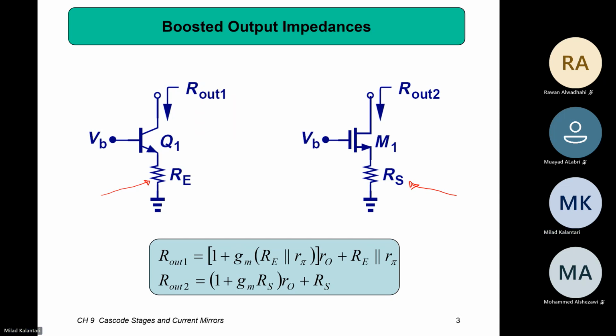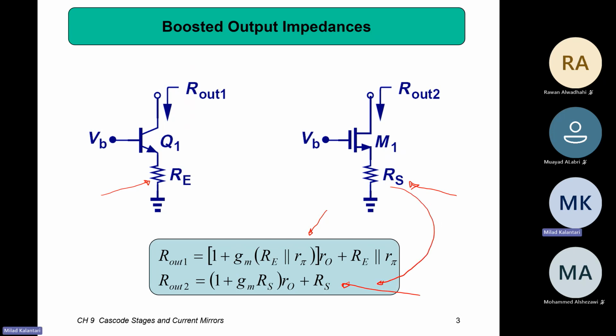So if you remember the R out for this kind of device, when you look at the collector, for the BJT was something like this, and for the MOSFET is almost similar somehow, like this, right? Can you see these two are similar?